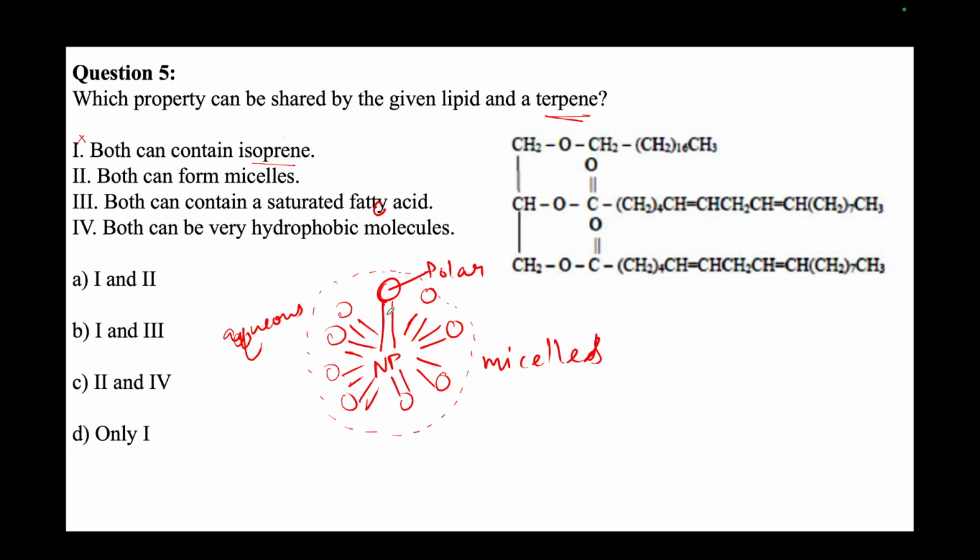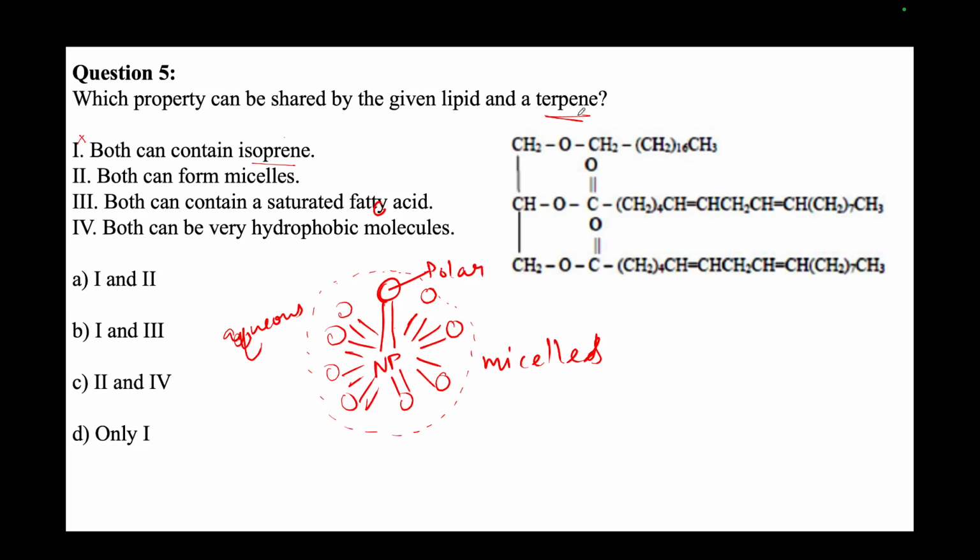Okay, a sphere. Imagine a ball where the surface of the ball is polar and the inner core is non-polar. That would be a micelle. Any lipid, these long chains that you see are the hydrophobic part of the lipid. These are long hydrocarbon chains, so they are very hydrophobic. They will be inside of the micelles and the outer part will be polar. So they can form micelles.